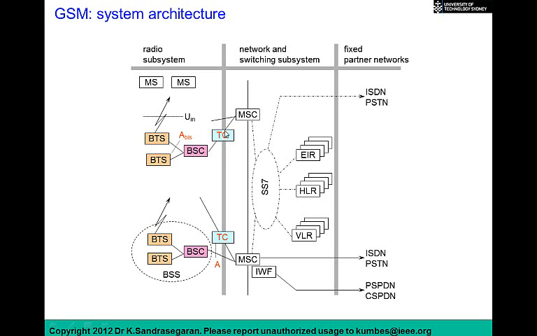The location of the transcoder is not well standardized, but most operators put the transcoder between the BSC and the MSC. The MSC is the main switch in the network, and it connects to a number of different databases through an SS7 signaling network. The MSC also provides connectivity to the external circuit switched as well as packet switched networks.